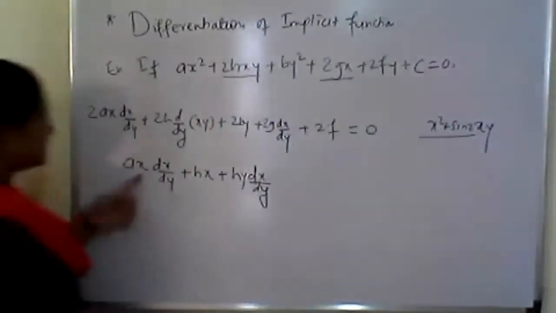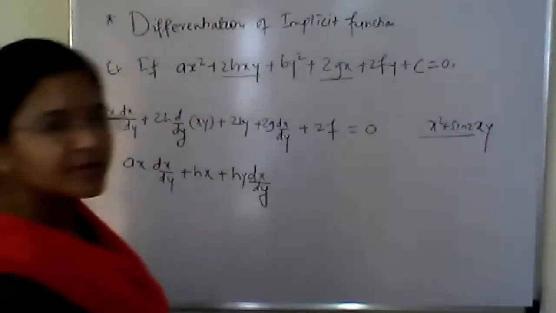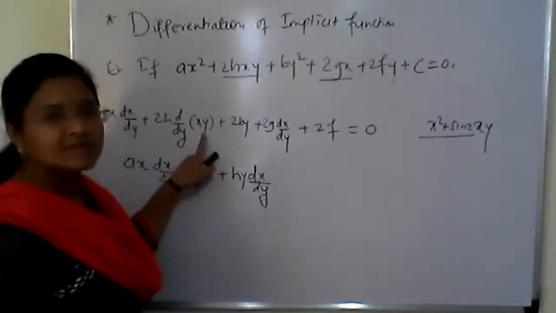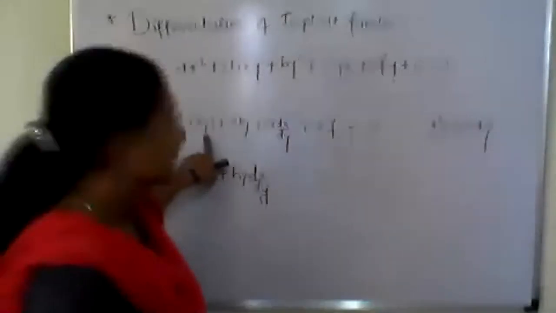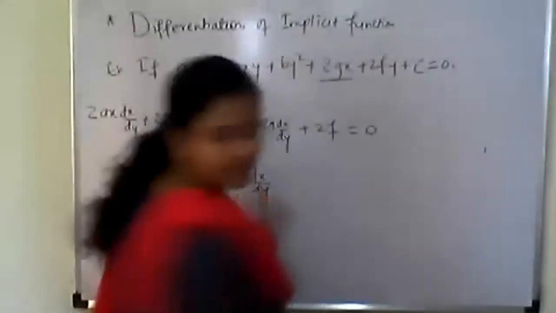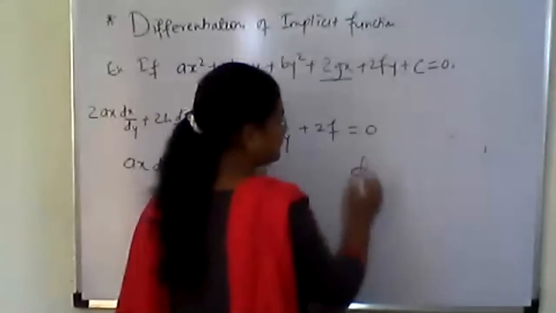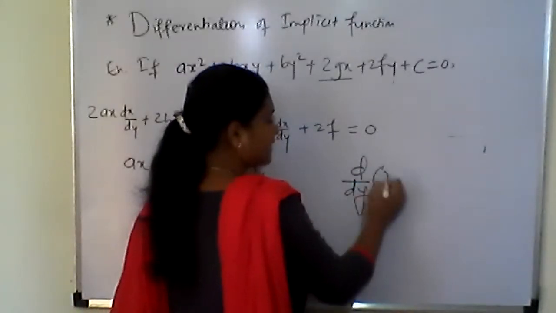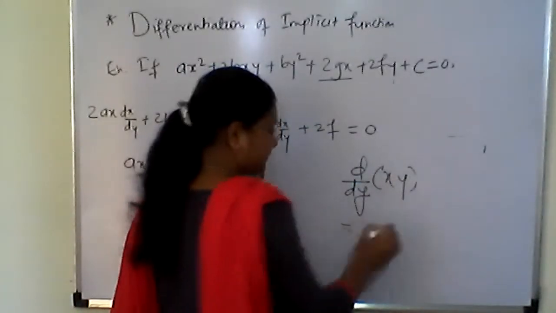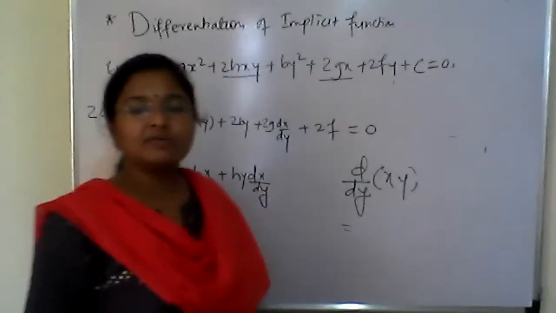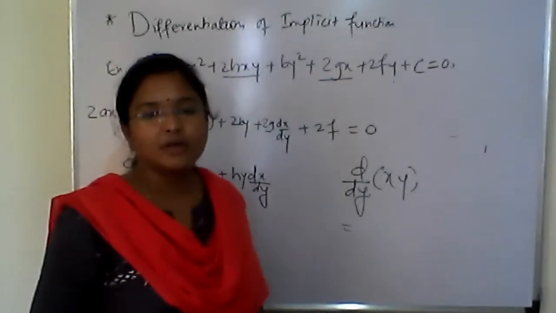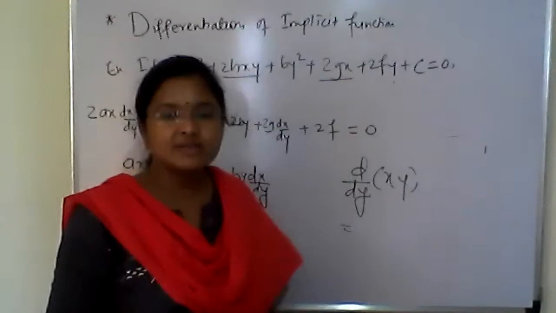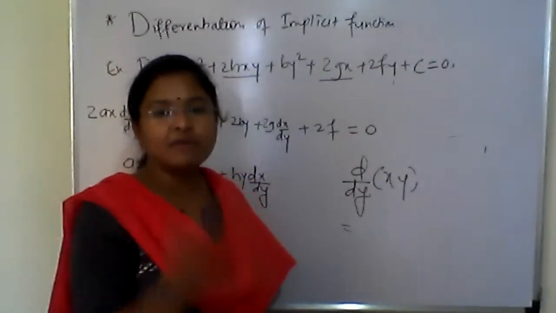So in the next step, what will we do? We'll find the differentiation of x into y. So here I will write now differentiation d by dy of x into y. Generally, when we are finding the derivative of a product, we keep one function constant and find the derivative of the other function.